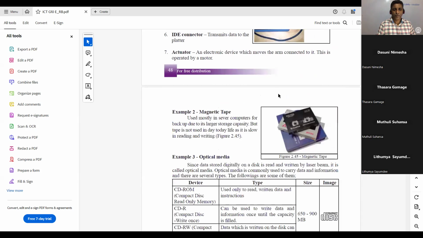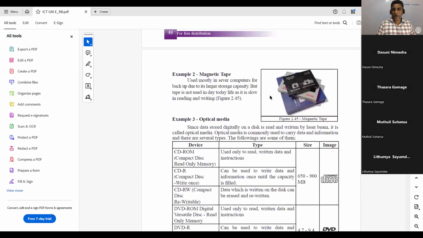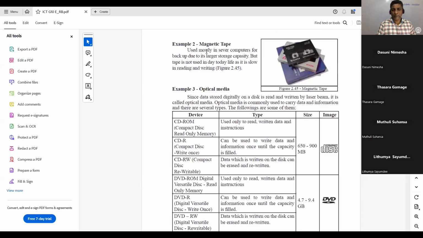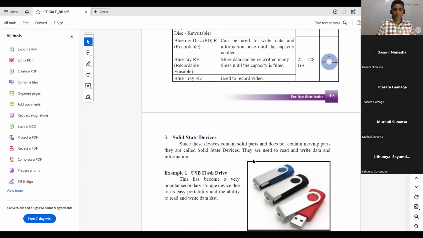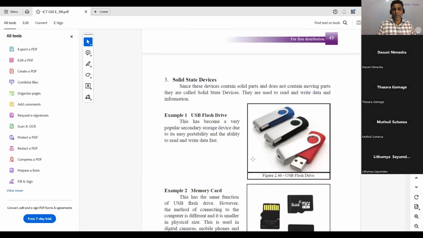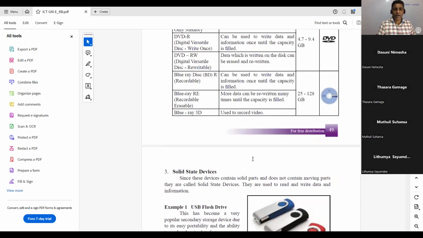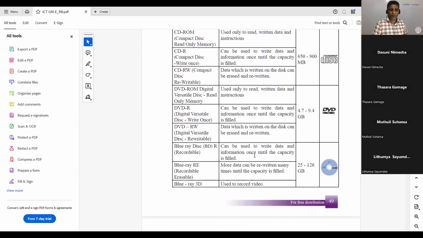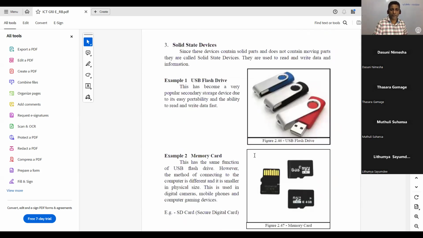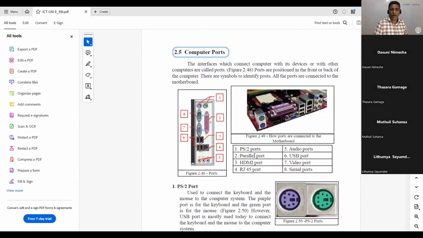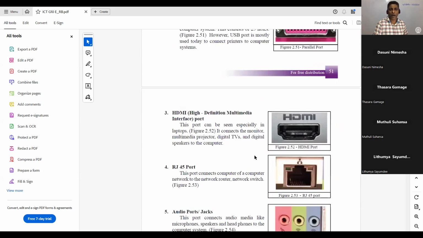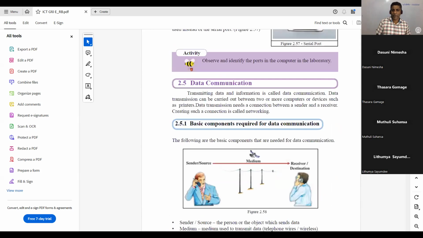A bit of a hardware-related chapter. Magnetic tape, optical media, about Blu-rays, DVDs, CDs, what's the difference and the technology behind them. And solid state drives, memory cards, and then comes the computer port. It's a bit of a lengthy program, but you can gain very good overall knowledge after this chapter.